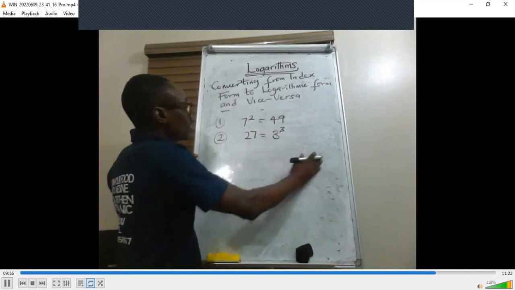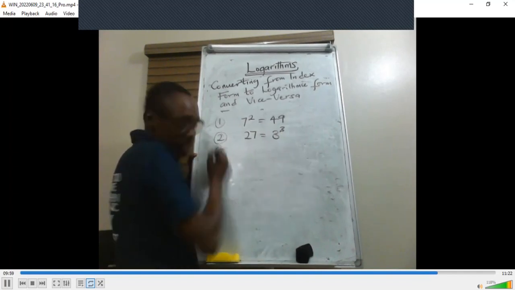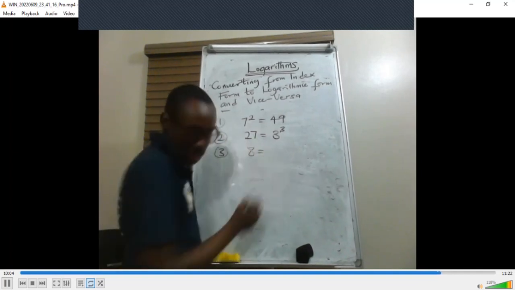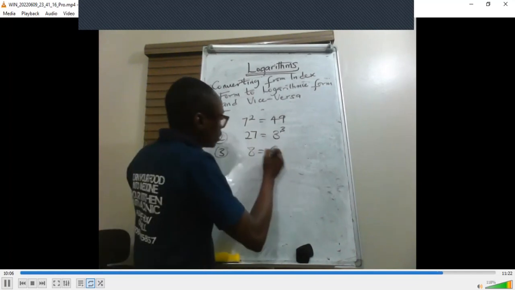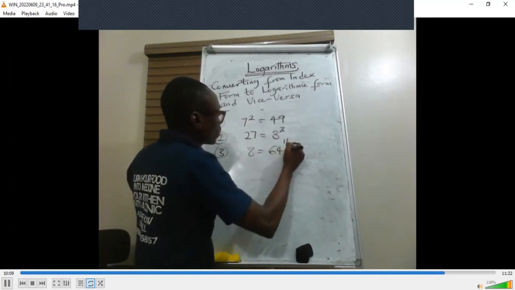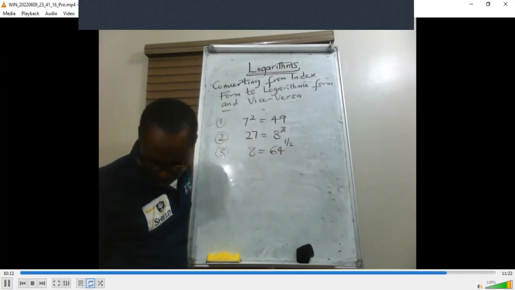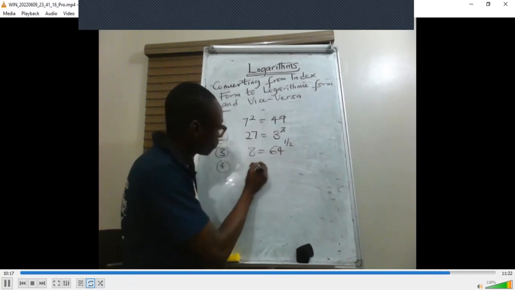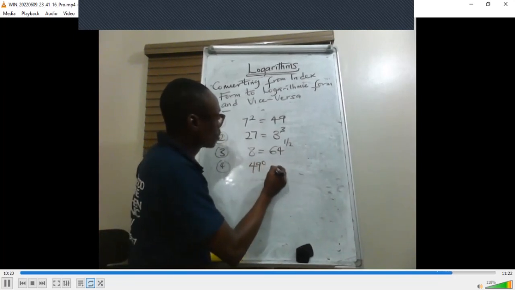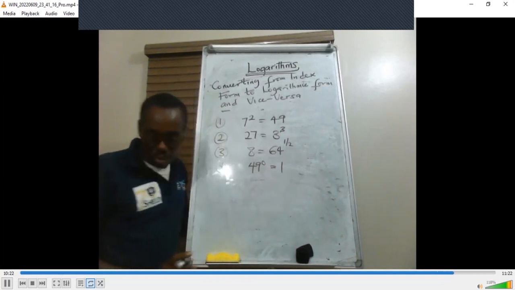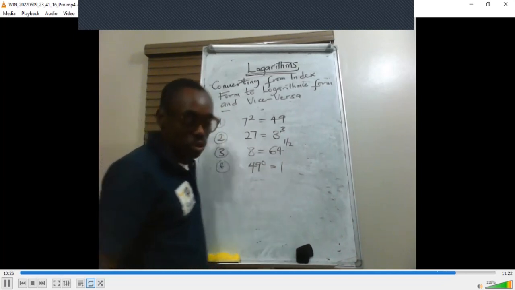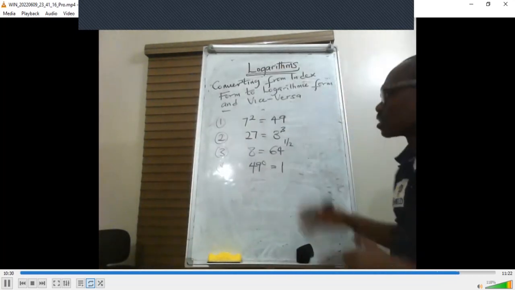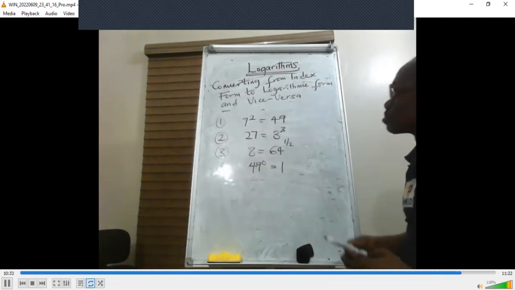Then the third one, we have 8 is equals to 64 raised to power half, and the fourth one, we have that 49 raised to power 0 is equals to 1. Okay, so just go ahead with this.